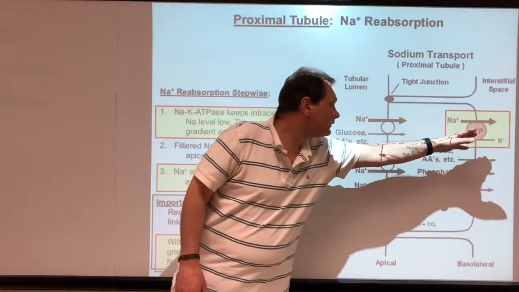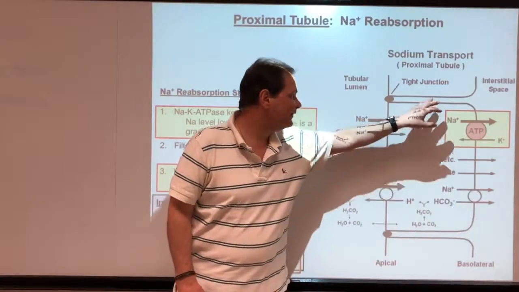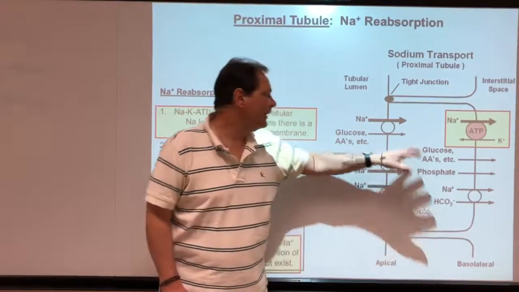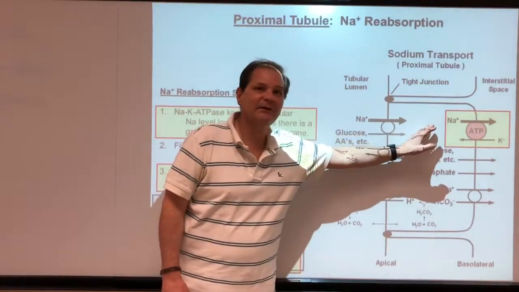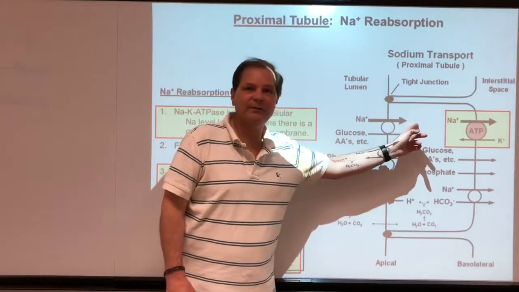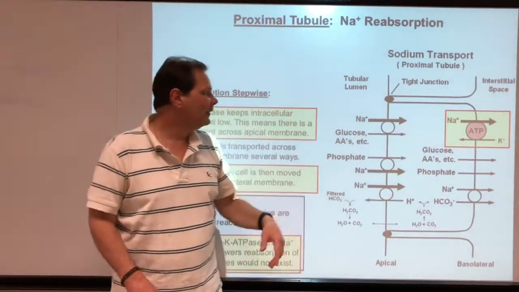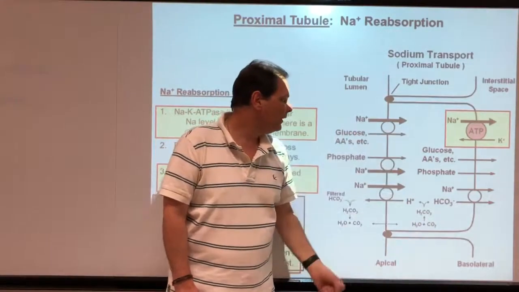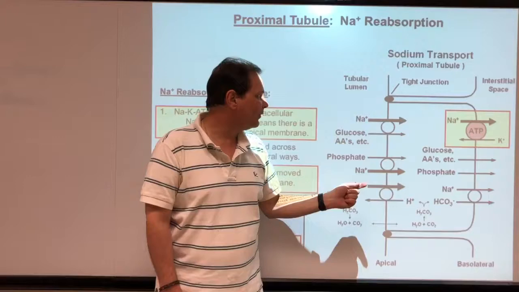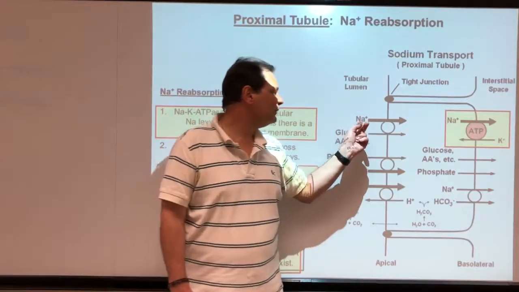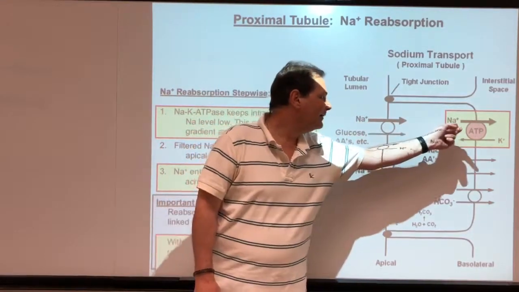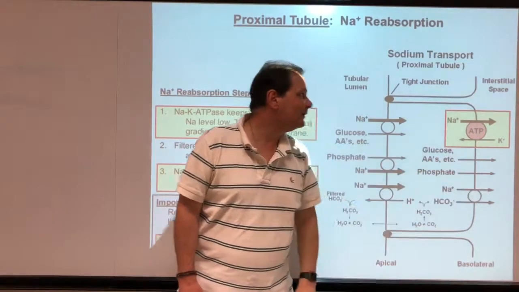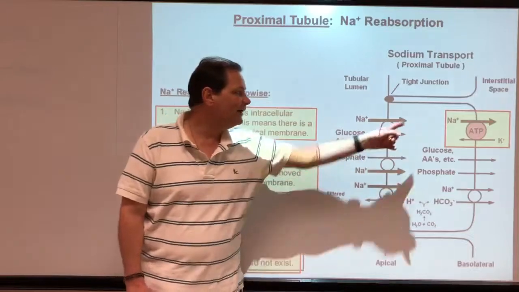It transports sodium into the interstitial space. That does two things. It keeps the sodium low in the cell, which creates a gradient from the tubular lumen into the interior of the cell, which allows sodium to go down that gradient, okay? So it drives the sodium transport into the cell across the apical membrane, and then that sodium, number 2, is eventually transported out of the cell across the basolateral membrane into the interstitial space by that ATPase.